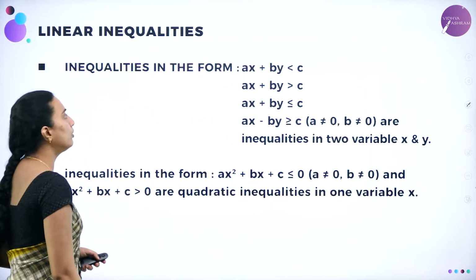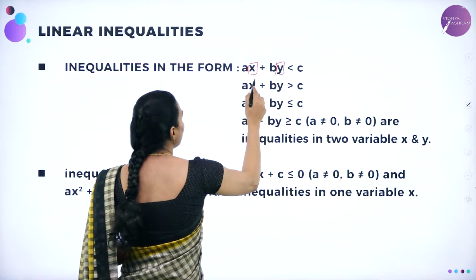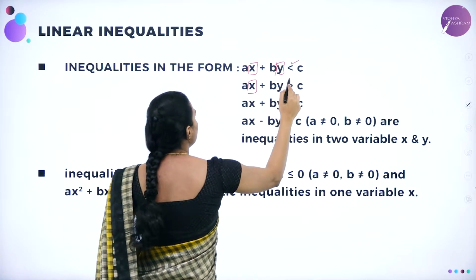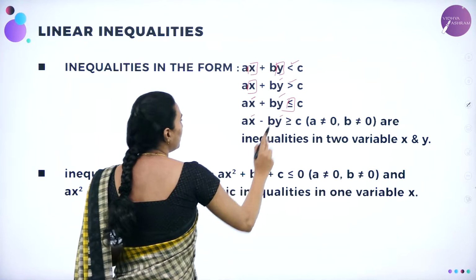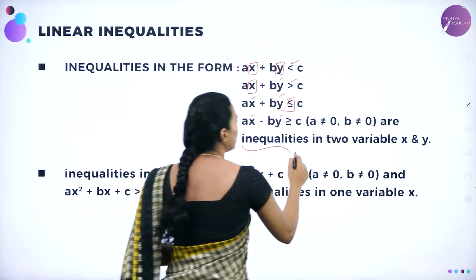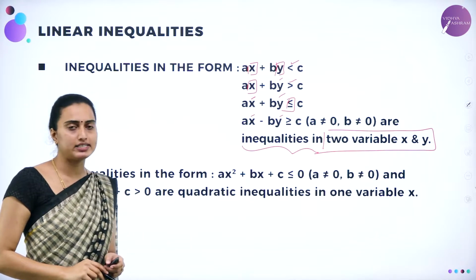Suppose you are using ax plus by is lesser than c. You can observe here we are using the strict inequality as well as a slack inequality along with two variables. That is going to be known as inequalities in two variables, as we have named here x and y.